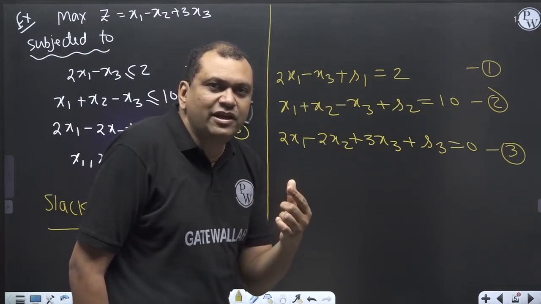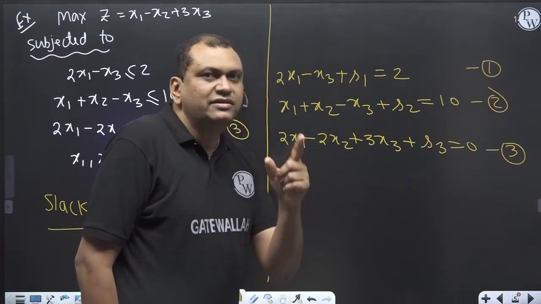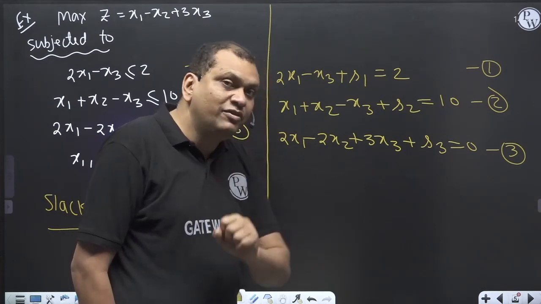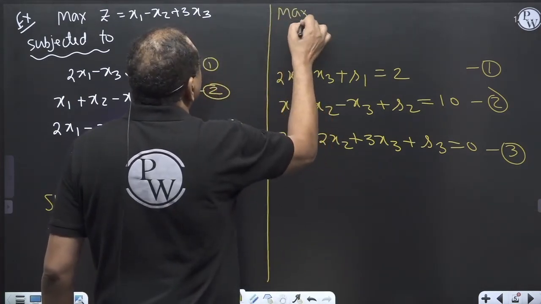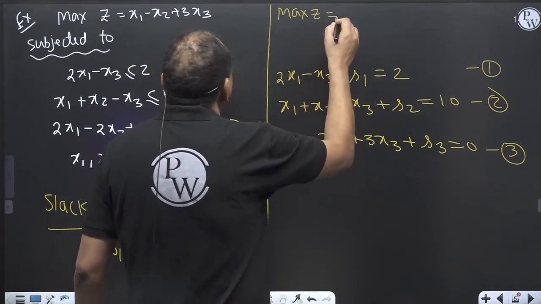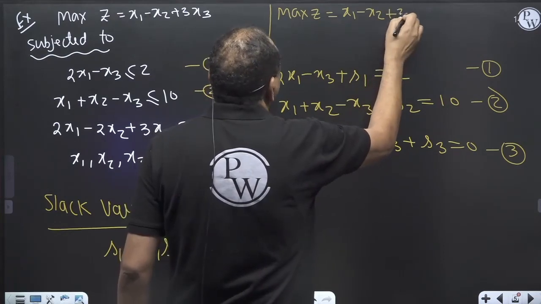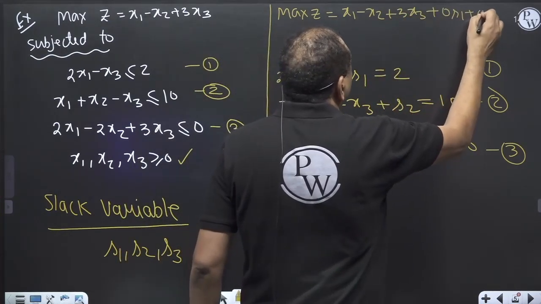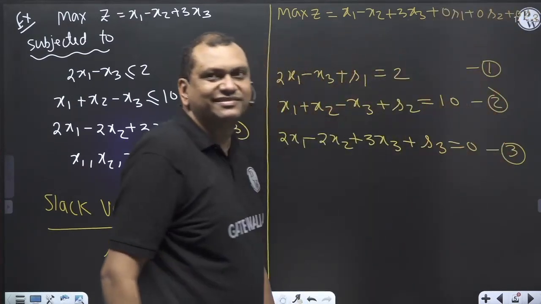The slack variables' coefficients in the objective function will be 0. So our objective function is maximum z equals x1 minus x2 plus 3x3 plus 0s1 plus 0s2 plus 0s3.